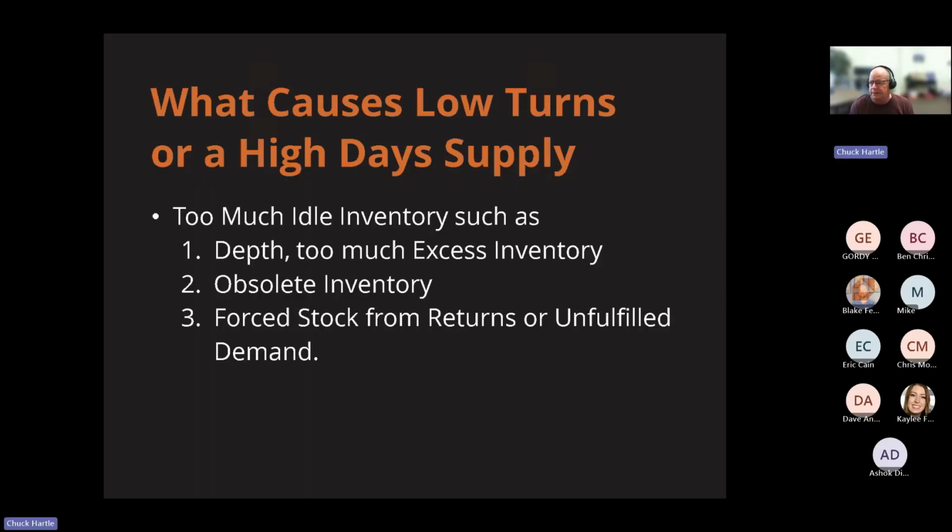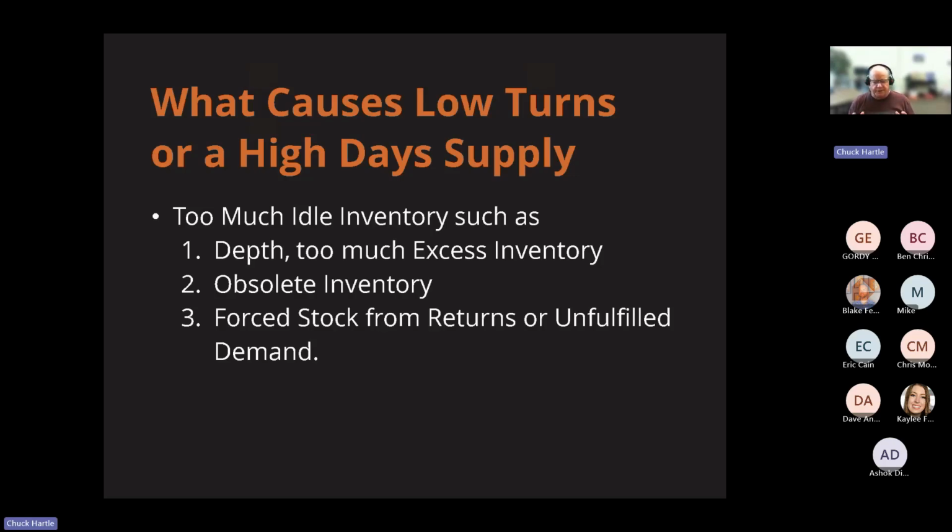So what causes low turns or a high day supply? Again, I've said this 3 times, but this slide bears repeating. Too much idle inventory, such as depth, maybe a 6-month supply on oil filters and air filters, when you really realistically could live with a 90-day supply. Obsolete inventory still tends to be the number one thing that everybody wants to talk about.